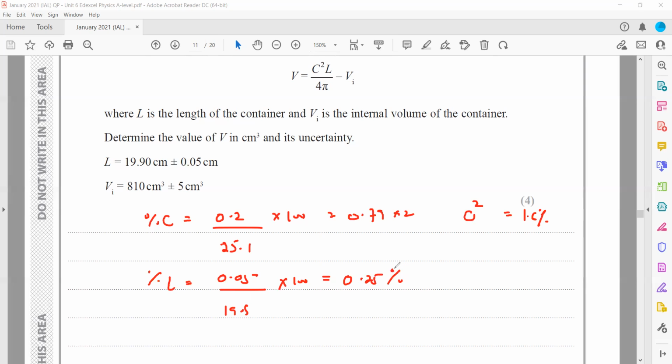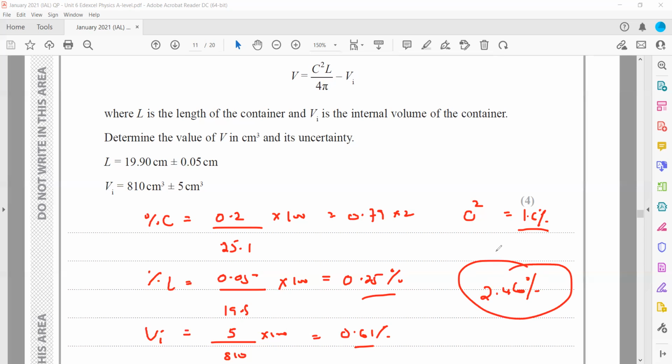So 0.25% uncertainty is there, and for V it is 5 divided by 810 into 100. This is 0.61%. So what is the total uncertainty? 1.6 plus 0.25 plus 0.61. So the total uncertainty will be 2.46%.